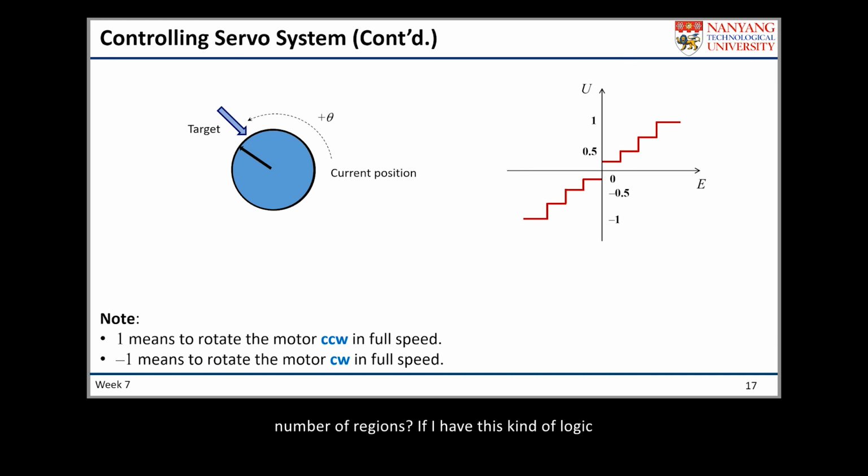If I have this kind of logic with an infinite number of speed intervals, how will the logic of the controller look? If I chunk it into an infinite number of regions, my controller will look like this.